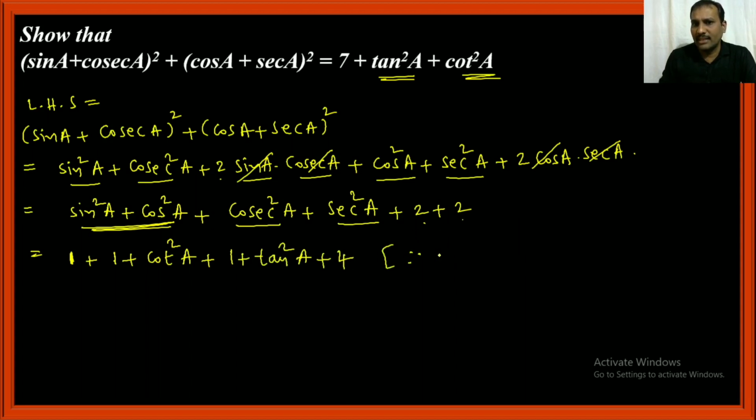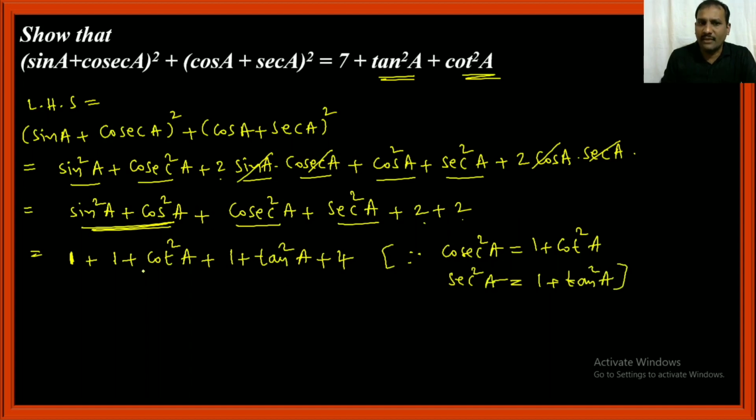Why have we written this? Because cosecant square A is equal to 1 plus cot square A, and secant square A is equal to 1 plus tan square A. So these are the identities we have used here. Now 1 plus 1 is 2, plus 1 is 3, plus 4 is 7, plus cot square A plus tan square A, that is RHS.